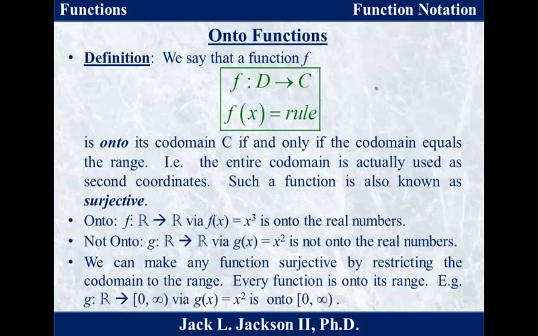Now, onto is more of a description of the codomain than it is of the actual ordered pairs, because you can make any function onto. All you have to do is take the codomain and whittle it down to the actual range, throwing out the extra stuff. For example, we can make g onto by changing the codomain to the interval 0 to infinity.